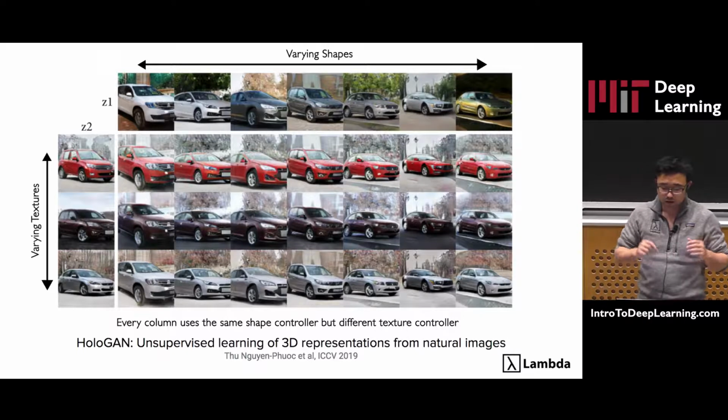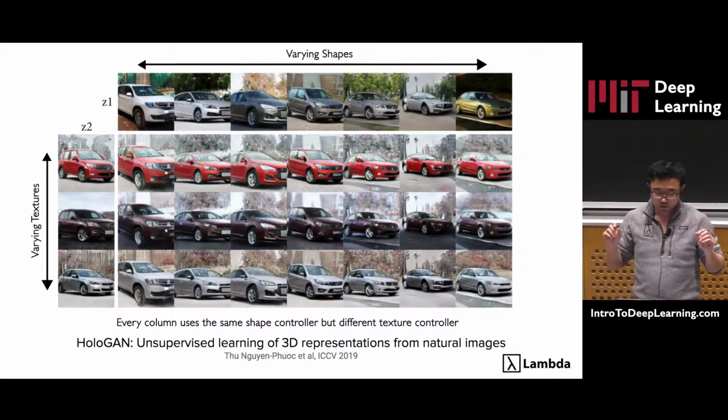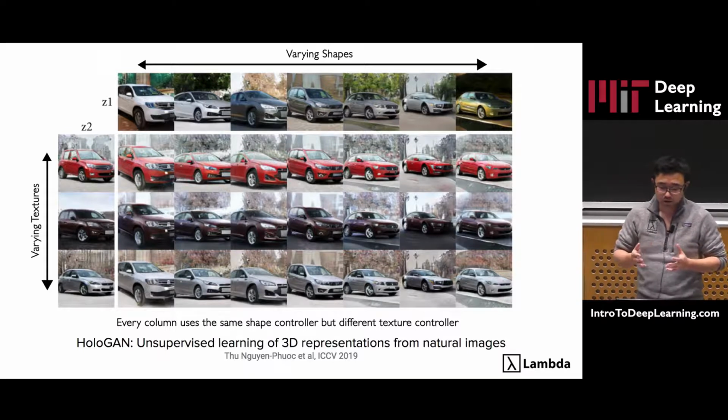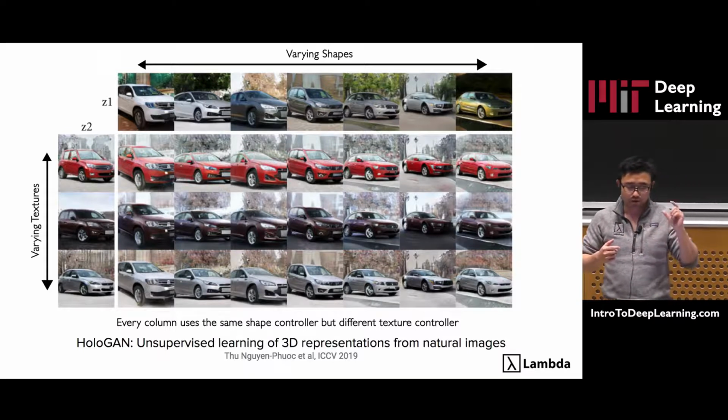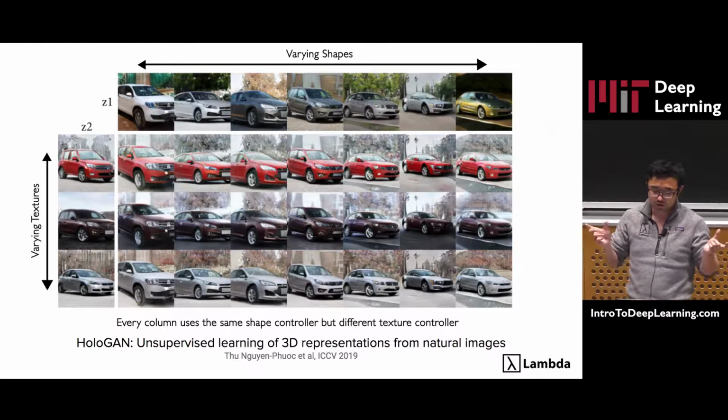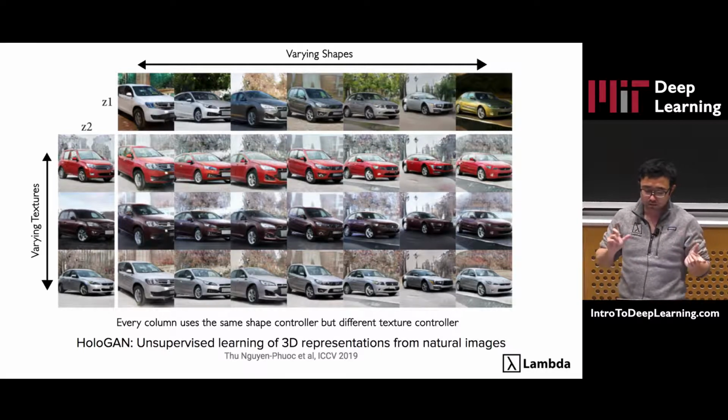So these are some results. Every row in this image uses the same texture controller but a different shape controller. Every column in this image uses the same shape controller but a different texture controller. I think this is truly amazing because it always reminds me of the vertex shader and the fragment shader in a conventional computer graphics pipeline, where the vertex shader changes the geometry and the fragment shader does the coloring.